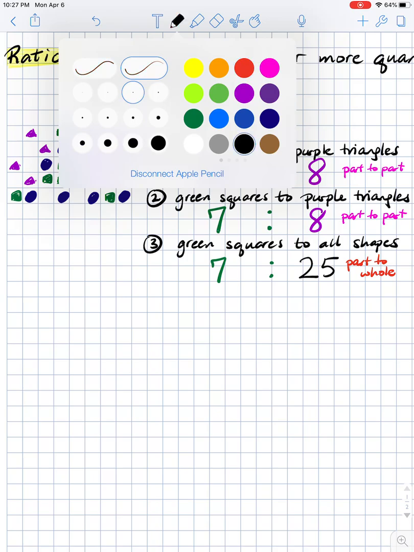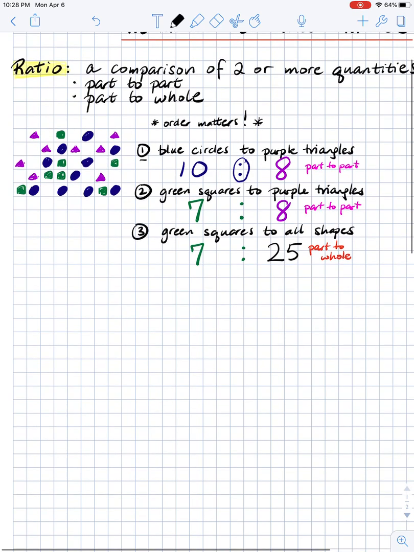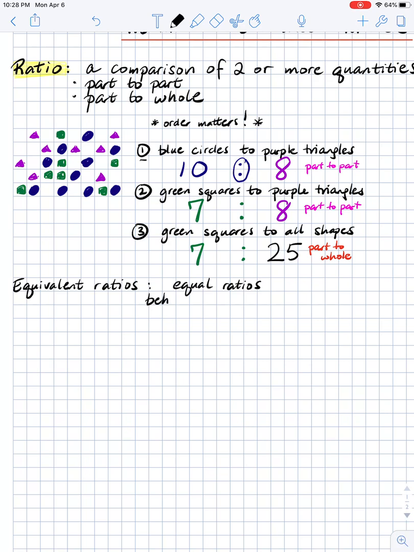Okay, so equivalent ratios is something that you'll be working with more in this lesson with the activities after this video. So jot down the definition of equivalent ratio. Now equivalent ratios are in the name, so they are equal. So they are equal ratios, and they behave the same as equivalent fractions.